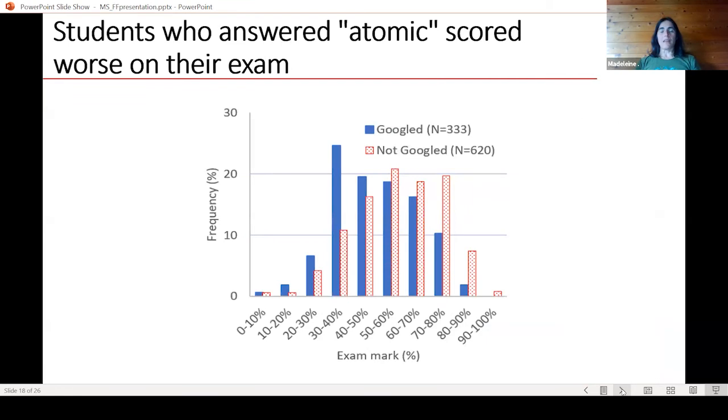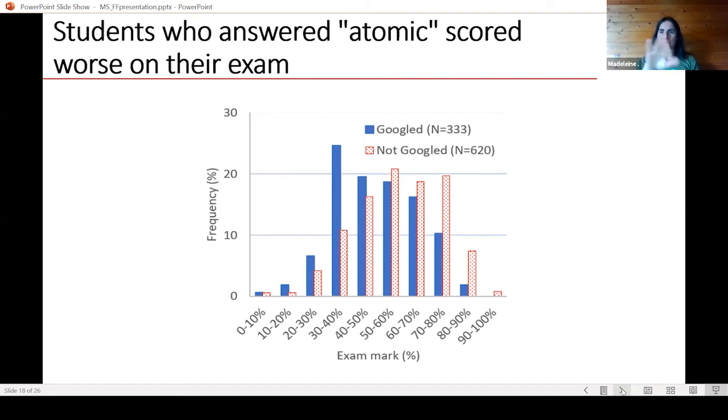We then divided our students into 2 groups, which we're calling Googled, the ones that wrote atomic, and not Googled. Then we could do statistics on their performance in everything else in the unit. Although that exam question was worth less than 1%, you can see a large difference in exam mark, and also an interesting distribution of the Googled students.